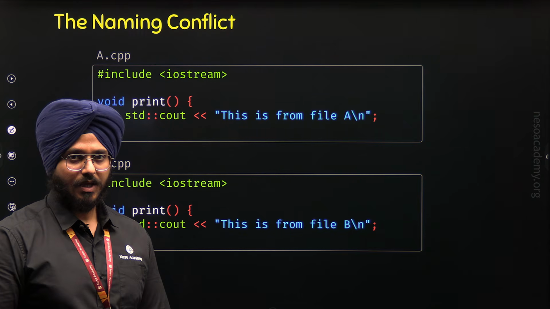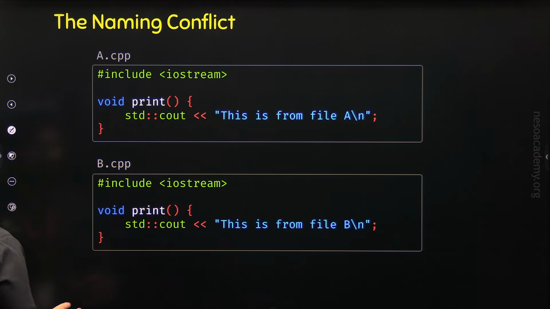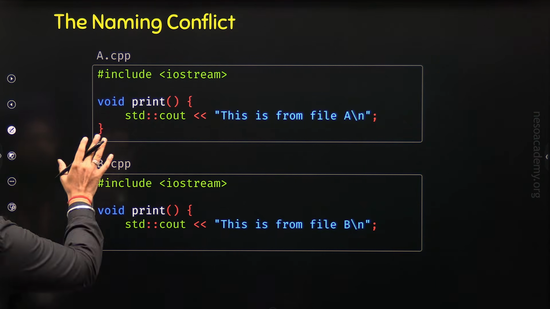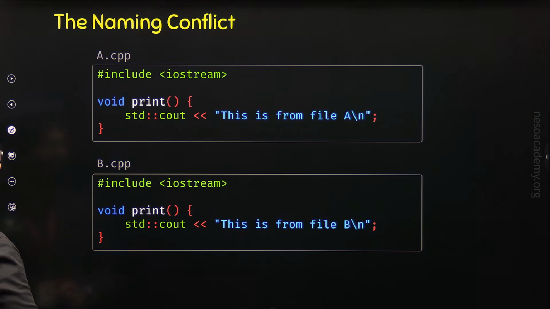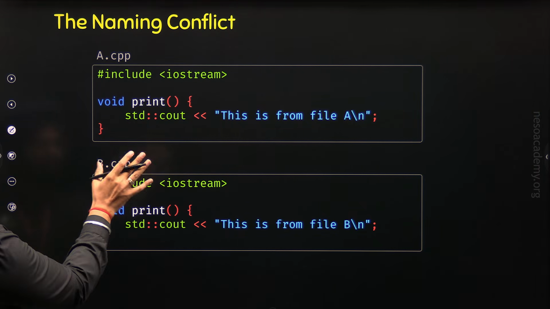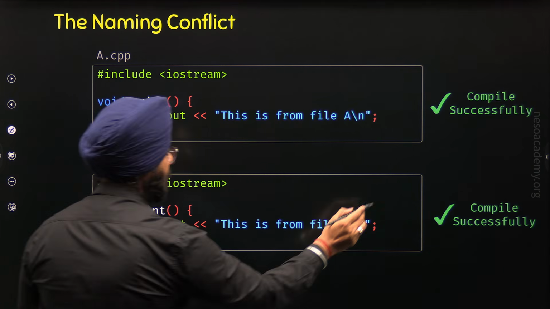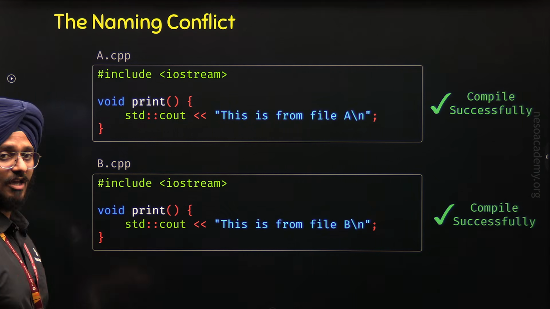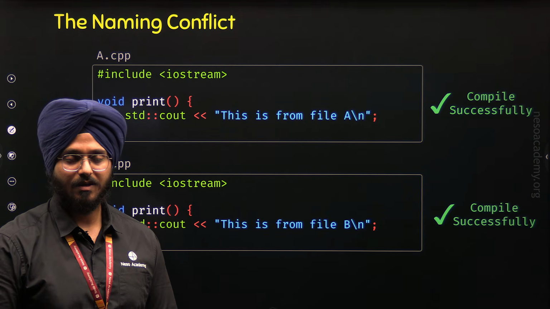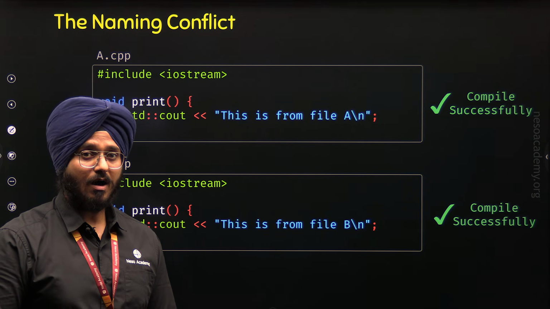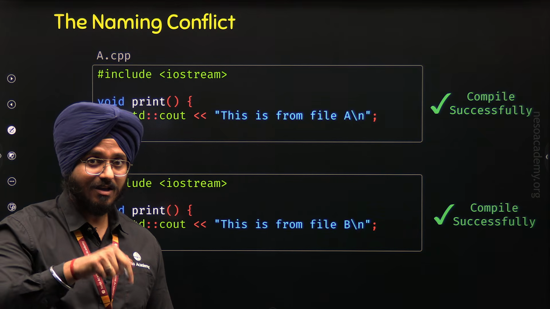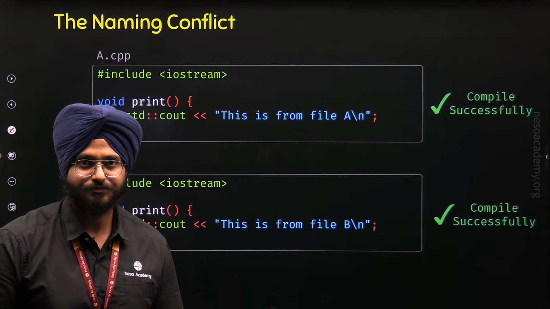Now we know that we have defined these two files and they are part of the same project. If we compile these two files separately, then they will be compiled successfully. There will be no problem at all. But the problem occurs when linker comes into the picture.